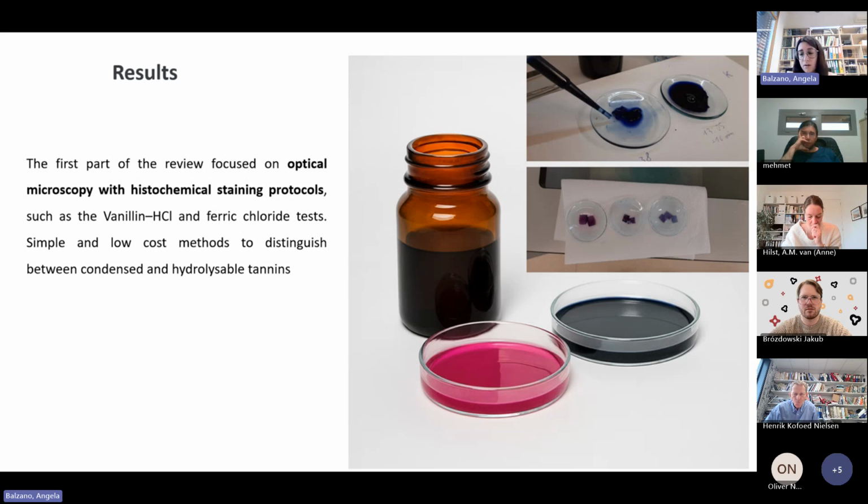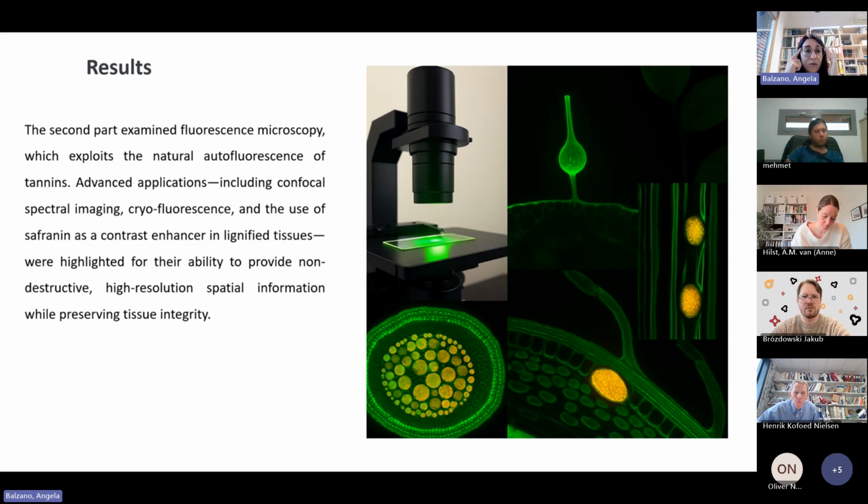Those methods are quite effective and simple to apply, but sometimes we need higher technologies. For this, the second part of the review was to identify the methodologies used with fluorescence microscopy, so also all the different staining techniques, and also the techniques that use the autofluorescence of tannins.